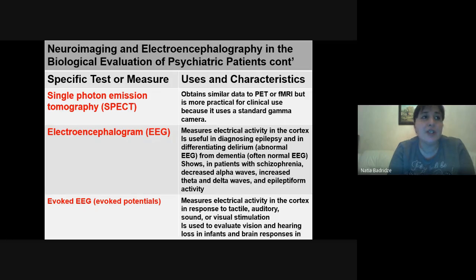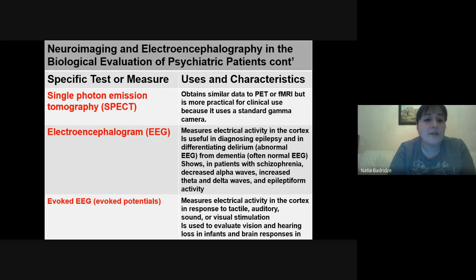Evoked EEG, or evoked potentials, measures the electrical activity in the cortex in response to tactile, visual, or auditory stimulation, and it is used to evaluate vision and hearing loss in infants and brain responses in comatose or suspected brain dead patients.